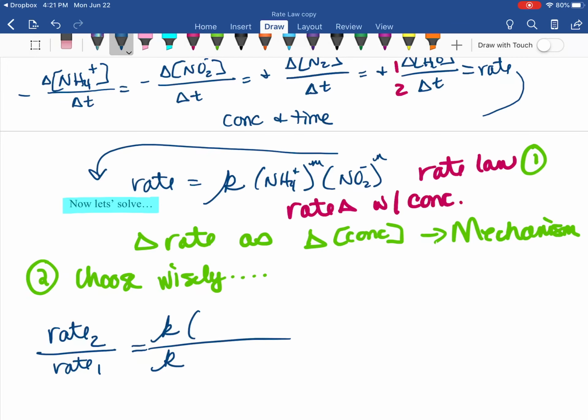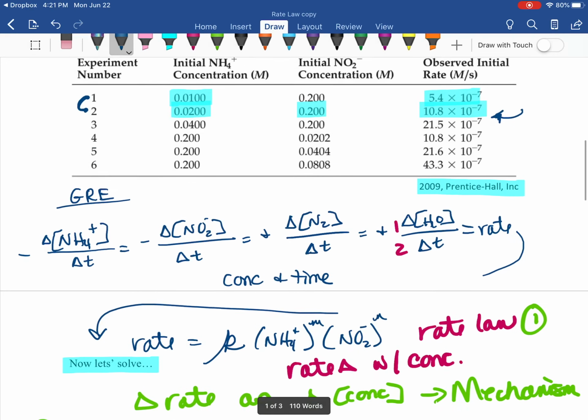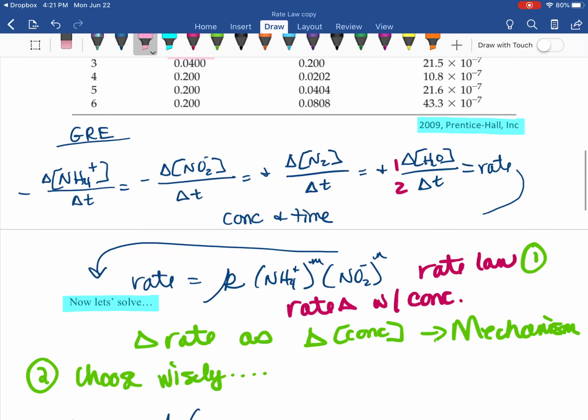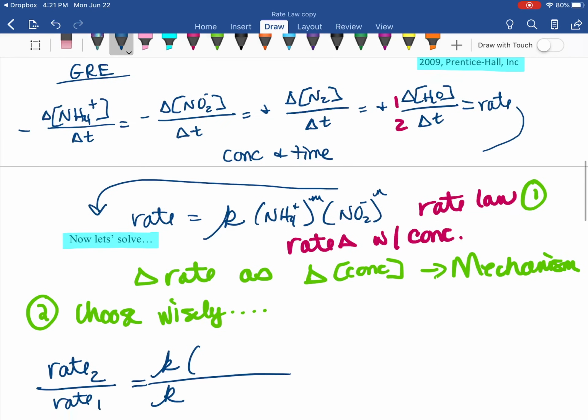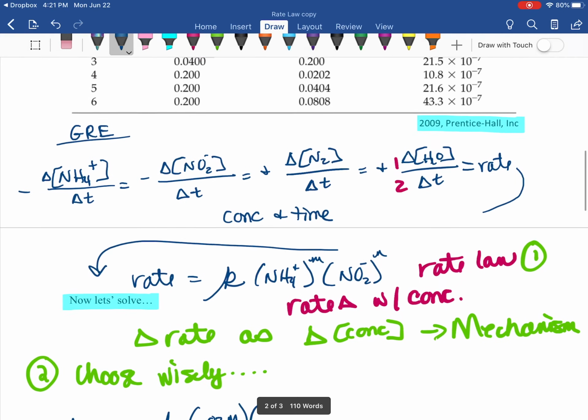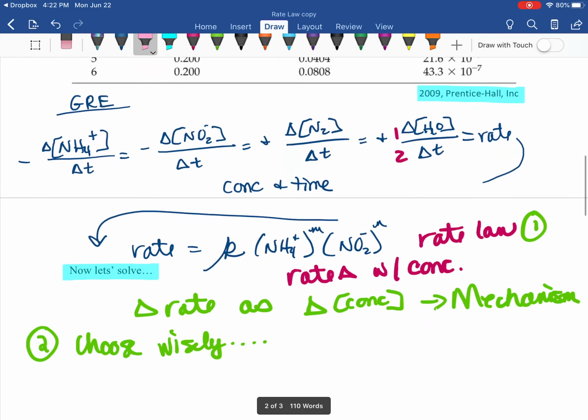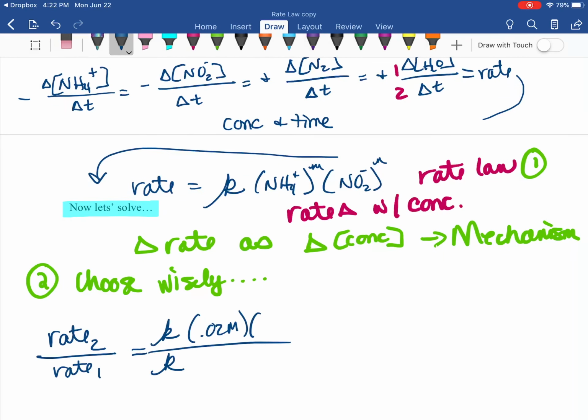Okay, well, we actually have a concentration for that ammonium. And in our second experiment, let's go up and look at that. So experiment number 2, let's go ahead and highlight 0.02 molar. Let's write that in. Okay, and then let's compare that to 0.2 molar for the NO2.